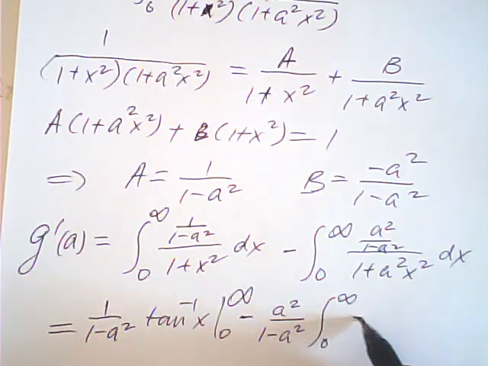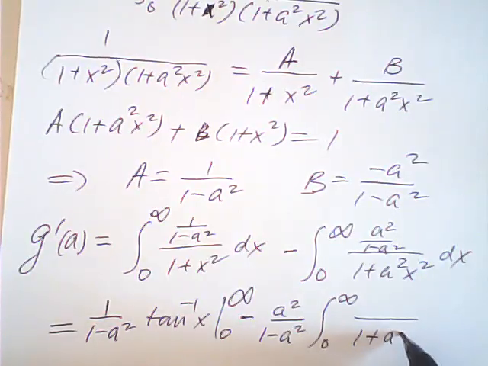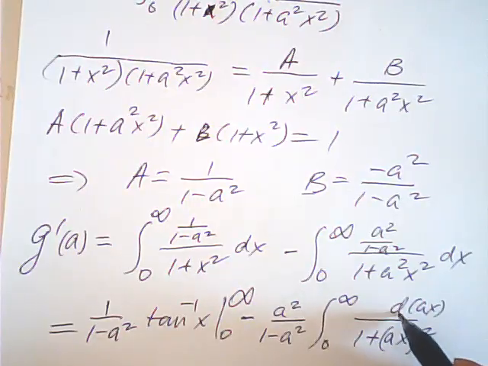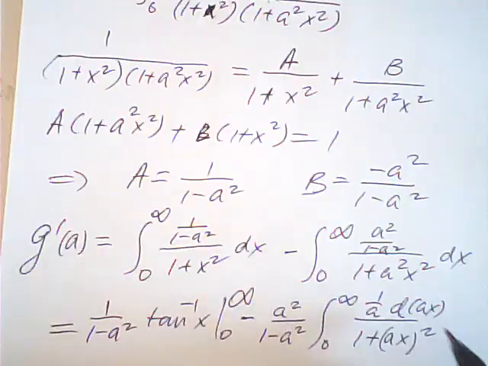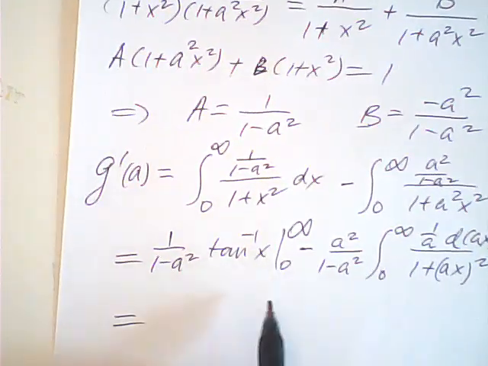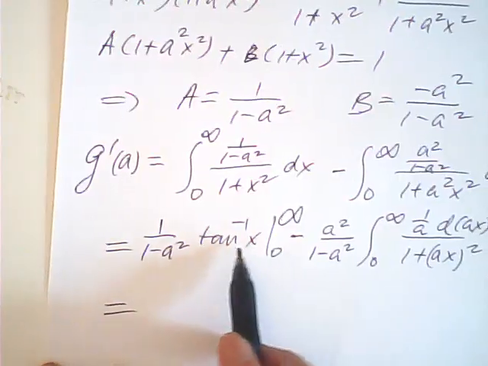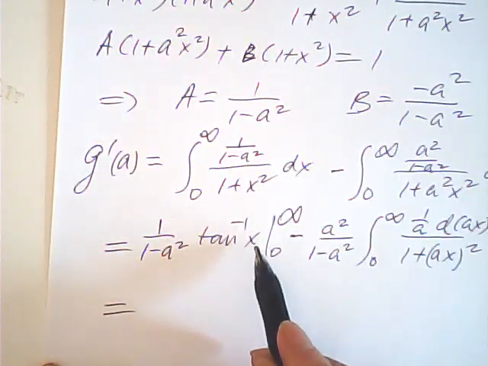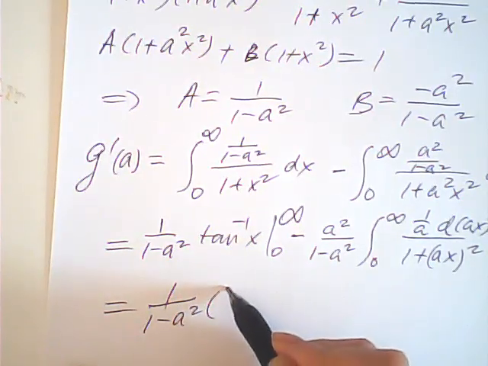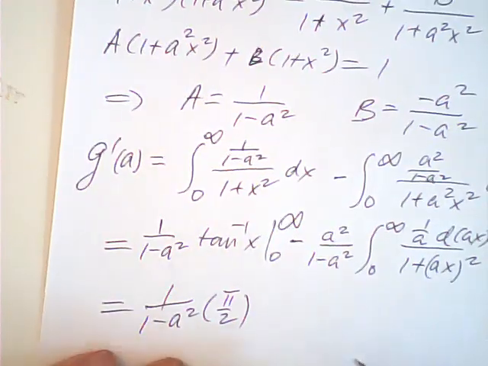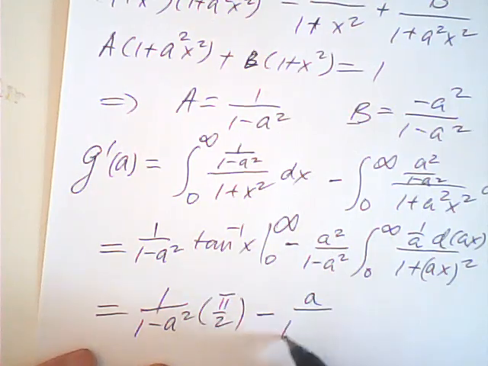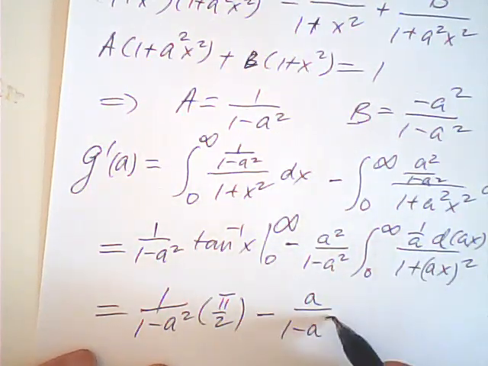Well, this is equal to 1 plus a x squared, and the d of ax gives 1 over a, right? Just balance. For that one, this is equal to 1 over a. This is equal to half pi, minus a cancels out, cancel one a.